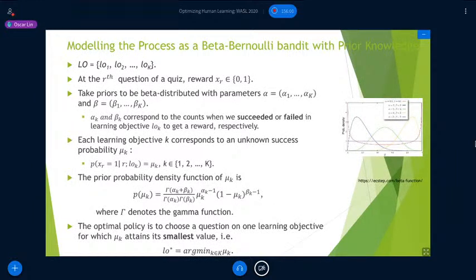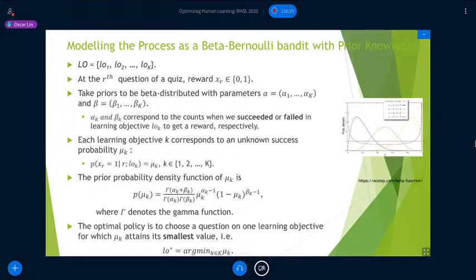Now let's see how the model is deployed for quiz sequence generation. Given a set of learning objectives, we begin with an independent prior belief over each theta k, and take these priors to be beta distributed with parameters alpha and beta.